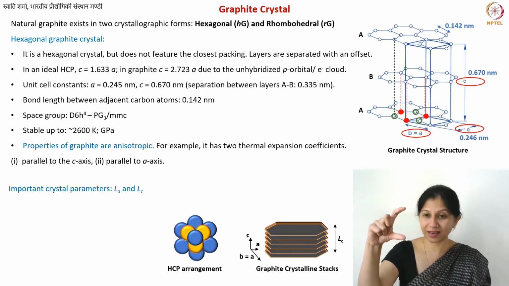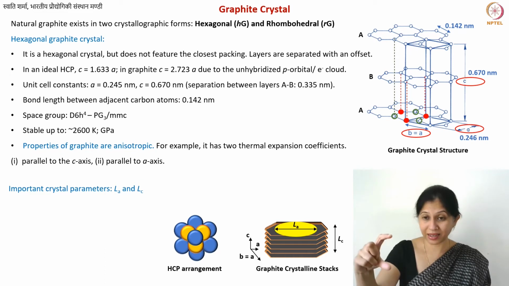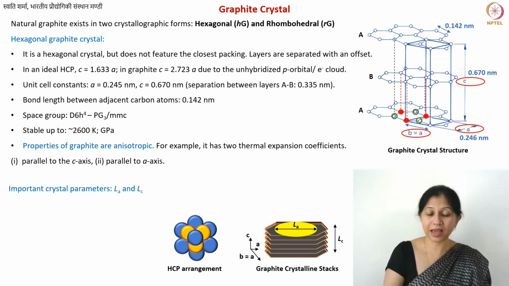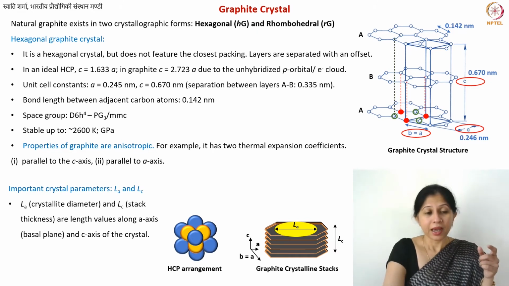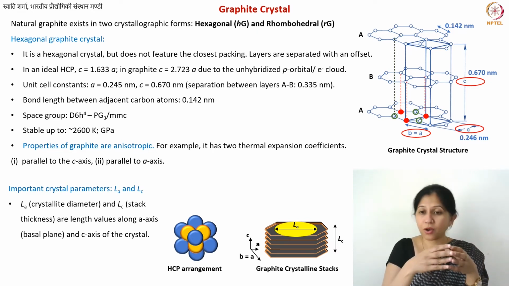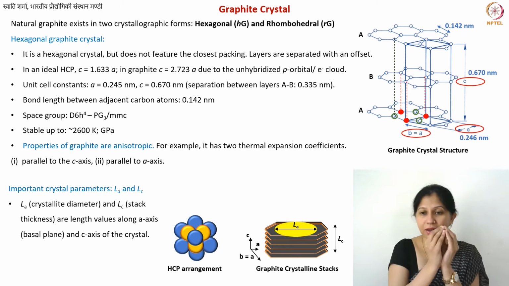Now LC is what is known as the stack thickness. And LA is something, if you considered that this entire crystallite was a sphere, then what would be the diameter of that sphere? That is known as LA.